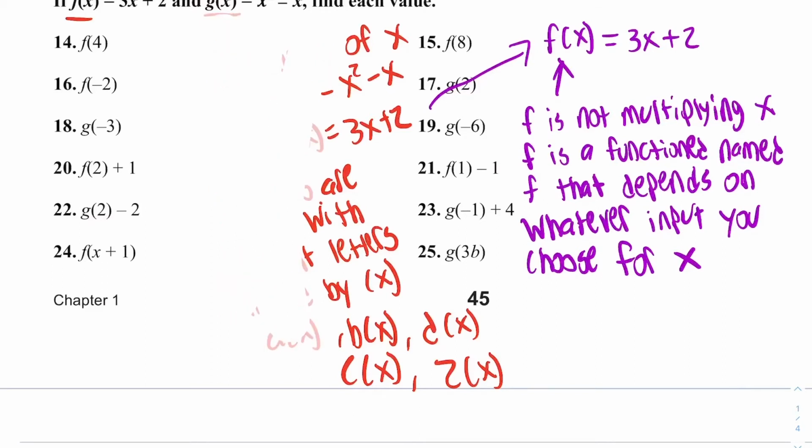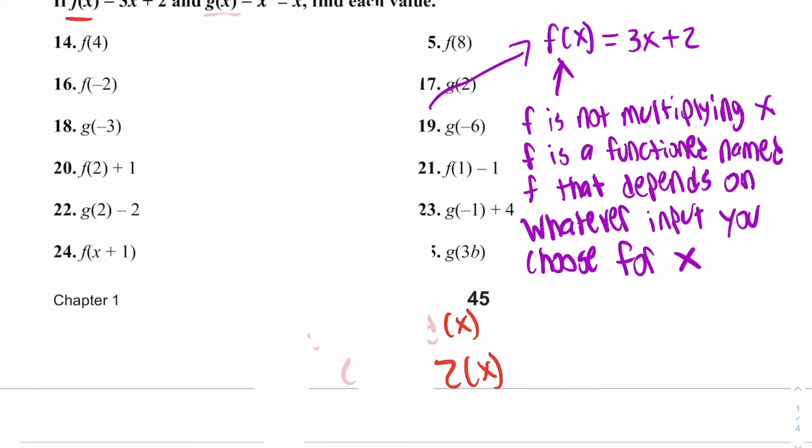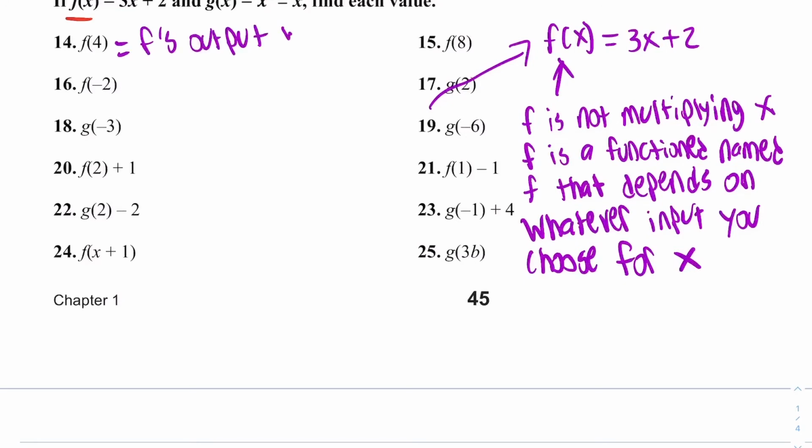Now let's finally do some examples. I hope you wrote down those notes. Rewind if you didn't. F of 4 means that we have a function f. Remember, whatever's inside that parentheses is the input. So we have f of 4 means that we are using 4 as our input, and our inputs go in for x.